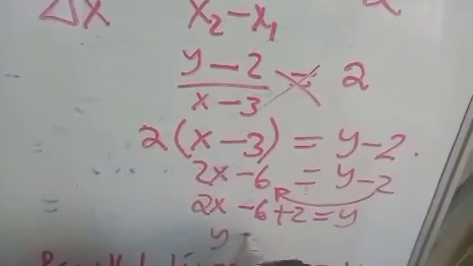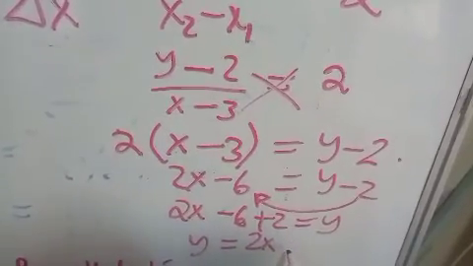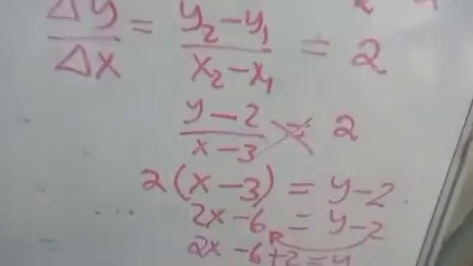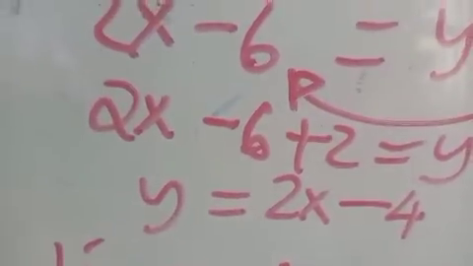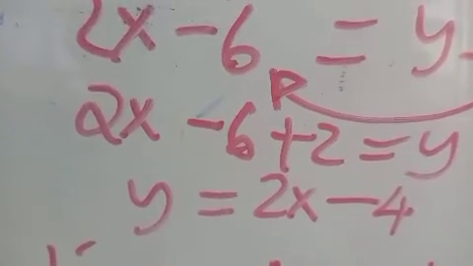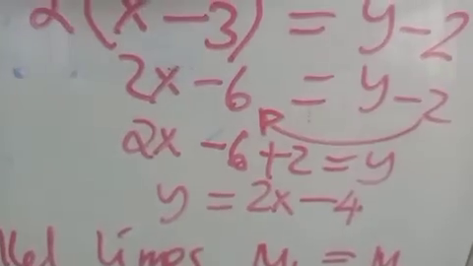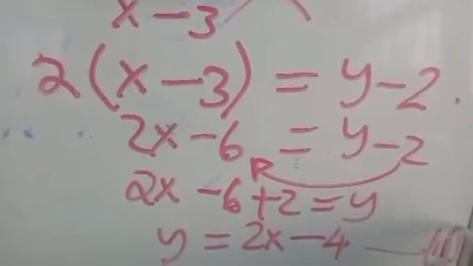So y will be equal to 2x, negative 6 plus 2 is negative 4. Therefore, the asked line will be y = 2x - 4. You have seen that this is line 2.